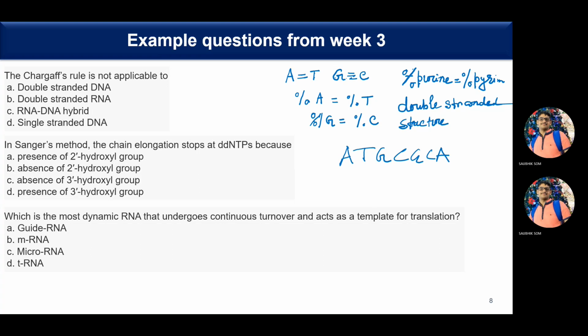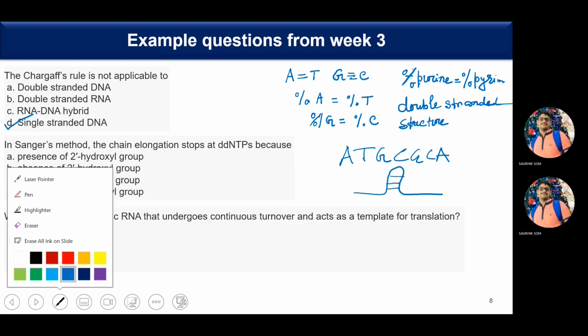But if you're doing a double-stranded one, then only Chargaff's rule is applicable. So double-stranded DNA, of course, Chargaff's rule will be applicable. Double-stranded RNA, yes, again, even if there is base pairing in RNA secondary structures, they will also have a form like this. RNA-DNA hybrid is again double stranded, but single-stranded DNA will have single-stranded structures. So my correct answer will be single stranded.